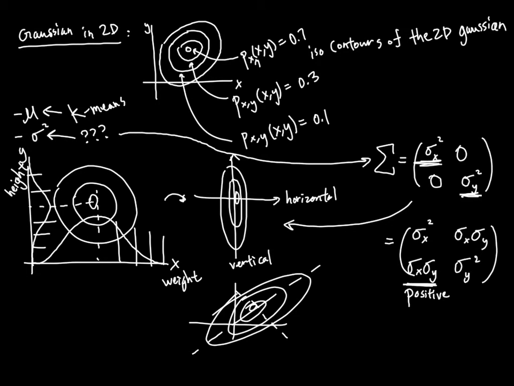So this term is called covariance, cov of x and y, and it basically means how much things relate to each other. So if weight and height are very similar to each other, then you'll get a very correlated, positively proportional relationship between the two.